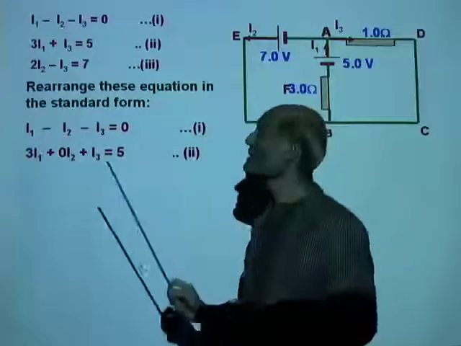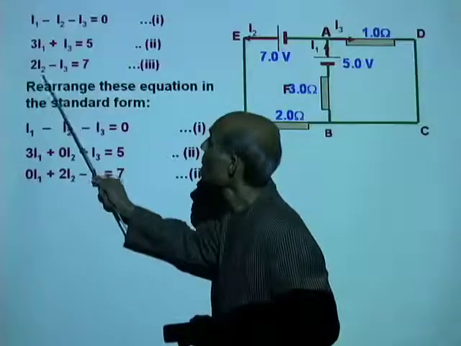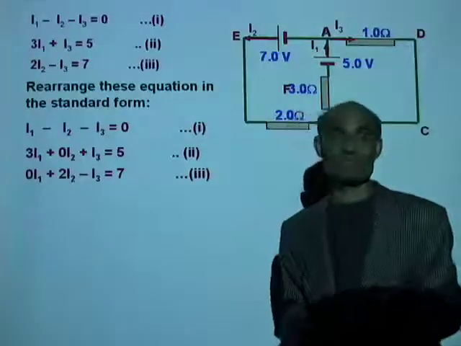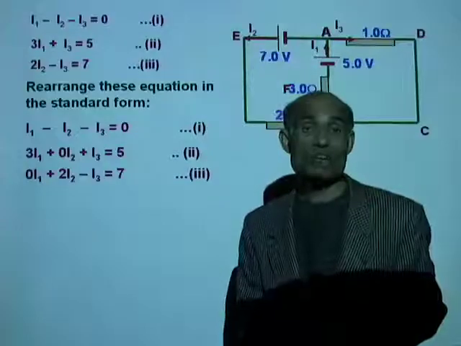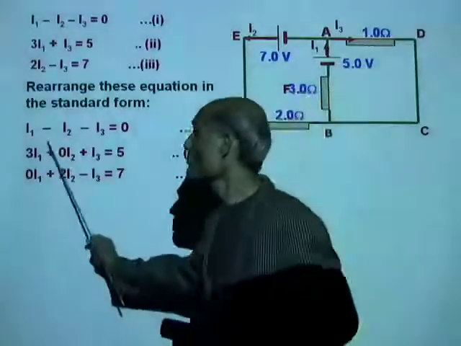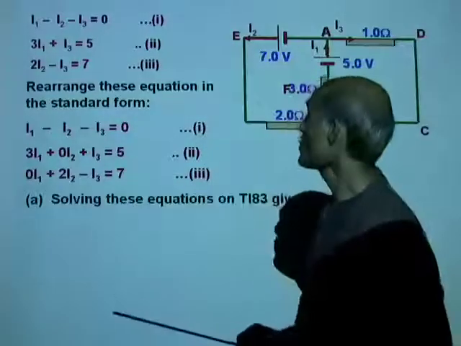That's the second equation. And the third equation will be 0 I1 plus 2 I2 minus I3 equal to 7. Now you have all the equations in the proper order. Use your calculator, form your matrix A and matrix B and solve.